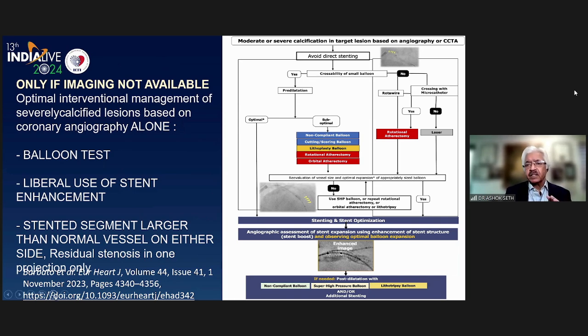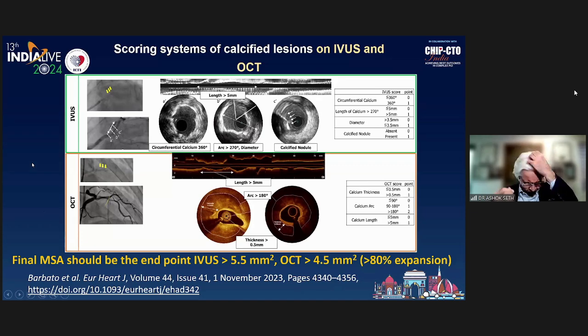So that's the basis. But one needs to understand the various tools for if you do fall into the situation of underexpansion, how do you get out of it? But do not fall into underexpansion, even on angiogram, because you just need to be sure of your balloon test prior to stent implantation. That balloon test is important even if you have imaging, and I'll come to that.